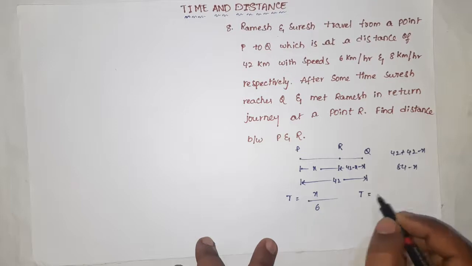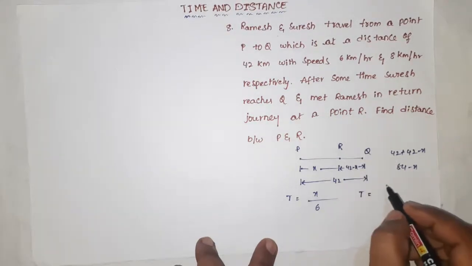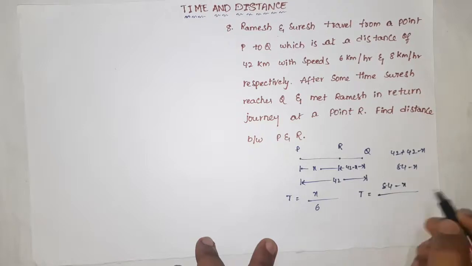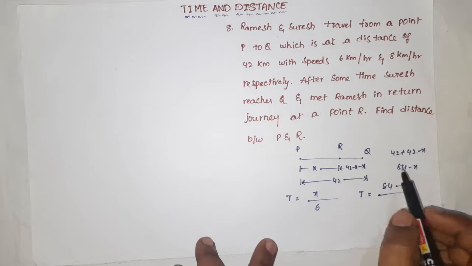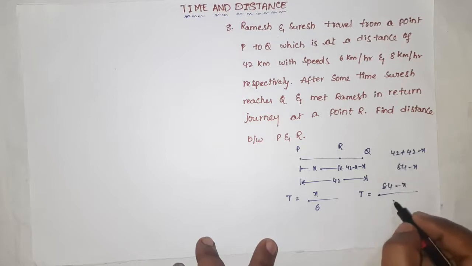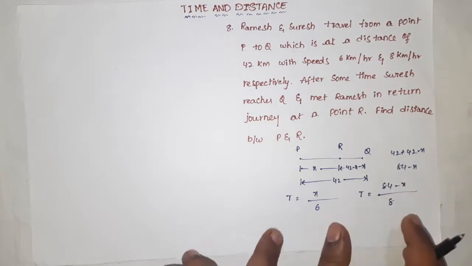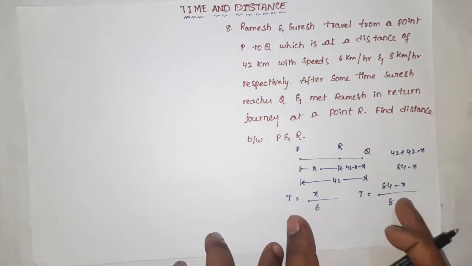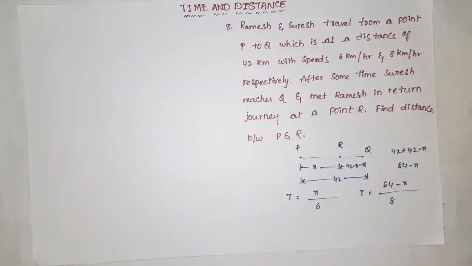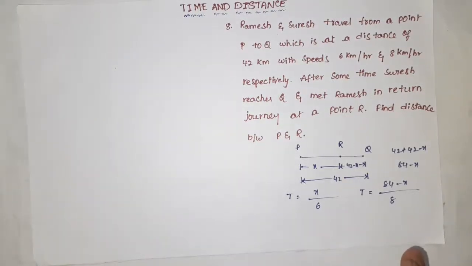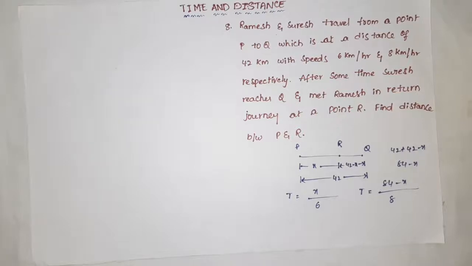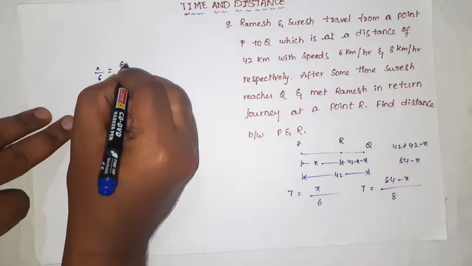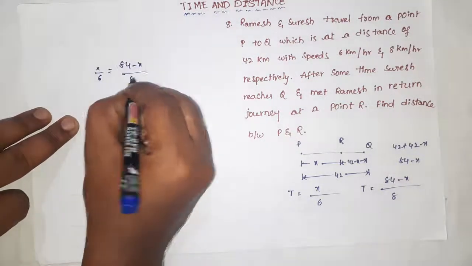So what is the time T for Suresh? That is 84 kilometers minus X kilometers divided by Suresh's speed, 8 km per hour. So these two times are equal. The entire thing happened in the same interval of time. So let us equate them to find the unknown value of X. So X by 6 equals 84 minus X by 8.